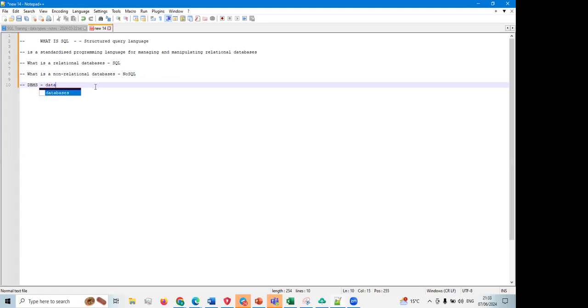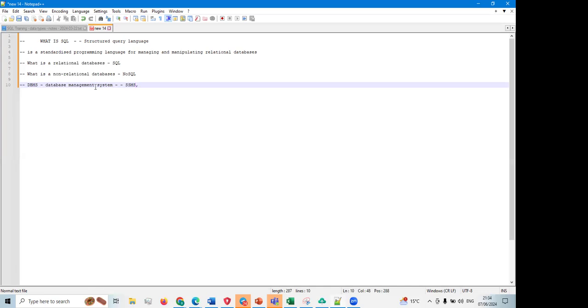Database management system. There are many database management systems. We have SQL Server Management Studio, which is what we will be using.